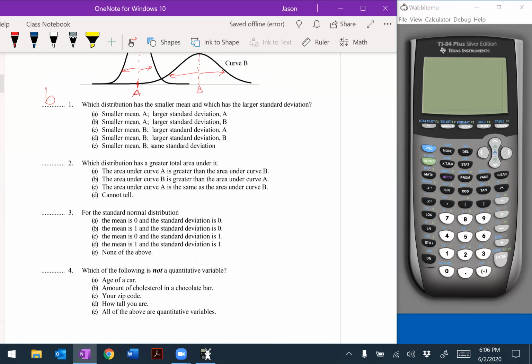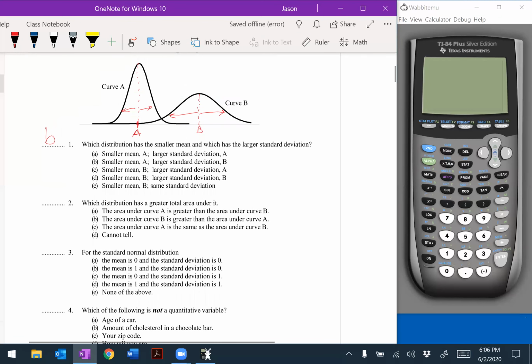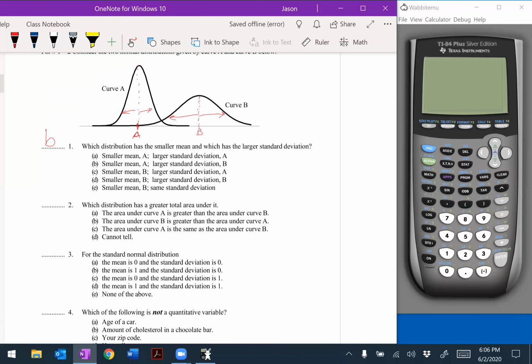B. Okay. Which of the two has greater total area under it? Well, they're both normal curves, not standard. But they're going to have the same area. Okay, if you were to kind of eyeball the area here and the area here, maybe I should have done that in a different color.